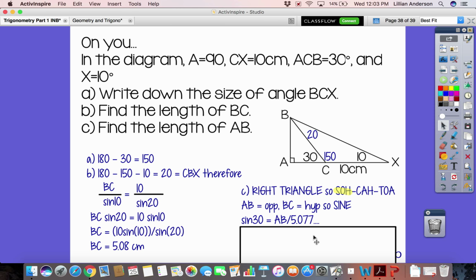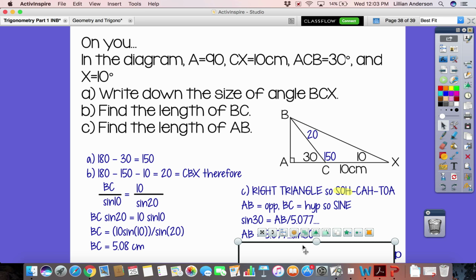So to solve for AB, we multiply both sides by the denominator to get rid of it. AB equals 5.077 and whatever the rest was, times the sine of 30. Then we get our final answer of 2.54 centimeters, which is the length of AB.